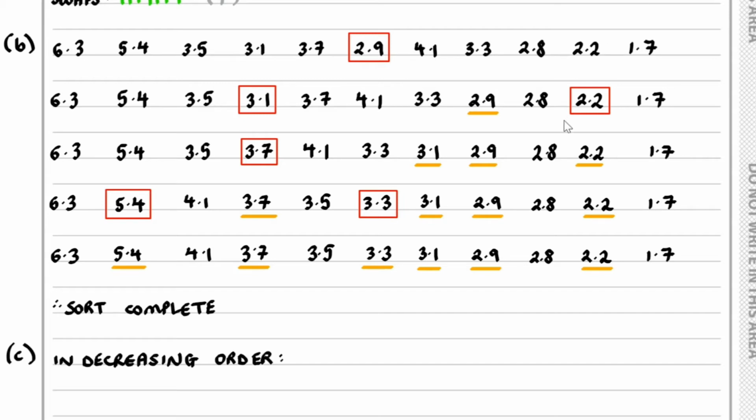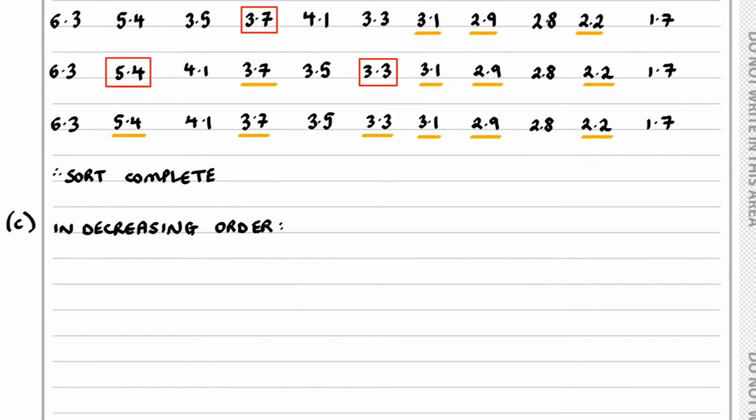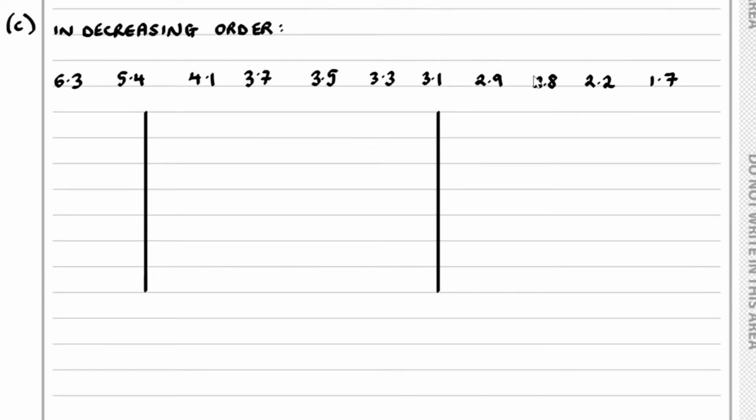So, in decreasing order, here is our list of numbers, which is this final pass we got from the quicksort. Now what I have created here are three separate columns.